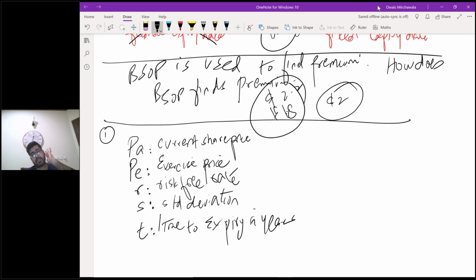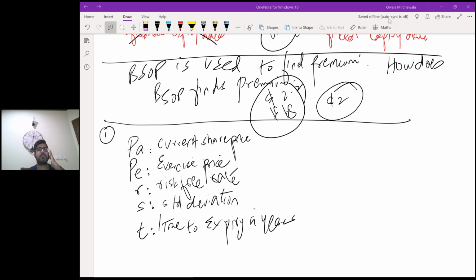If the time to expiry is 2 years, the option is valid for 2 years, so take 2. But if the time to expiry is 6 months, you cannot take 6, because time to expiry must be in years, so it should be 0.5 years.